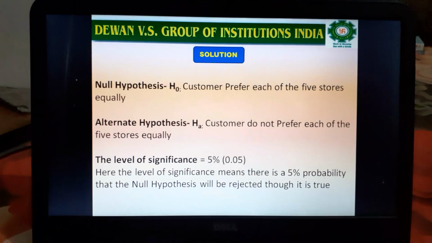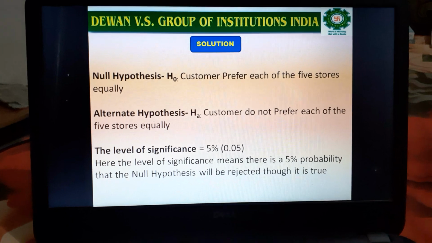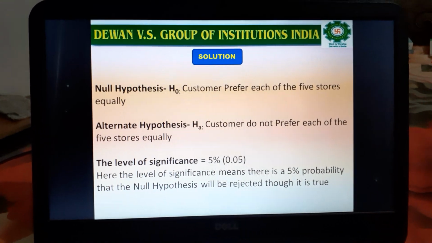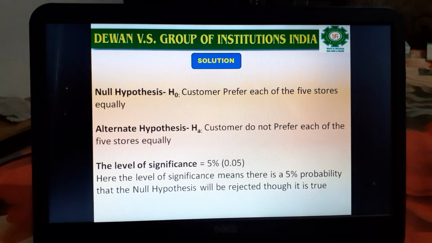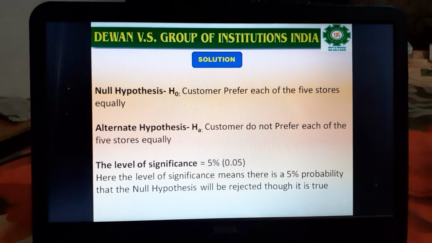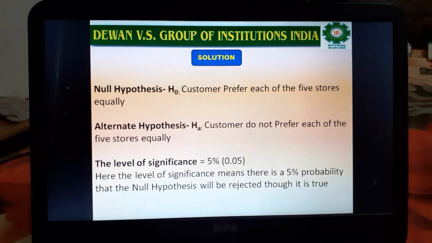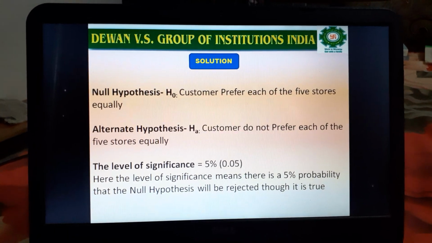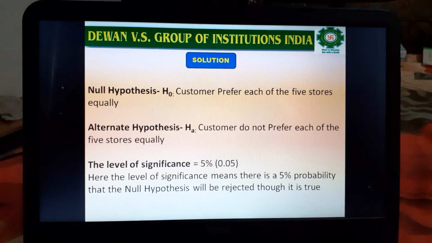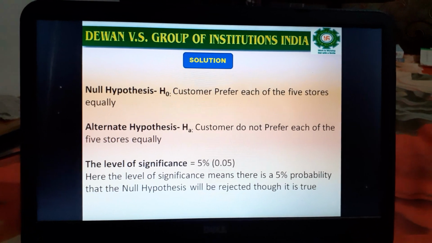Firstly, we should create the hypothesis. Here, the null hypothesis is indicated as H0. As per the statement of the question, H0 is that customers prefer each of the 5 stores equally.